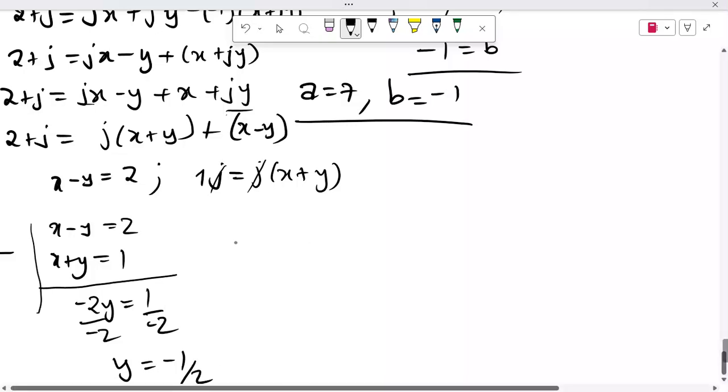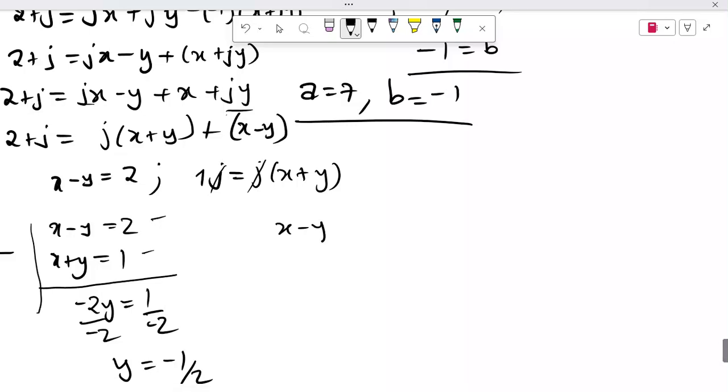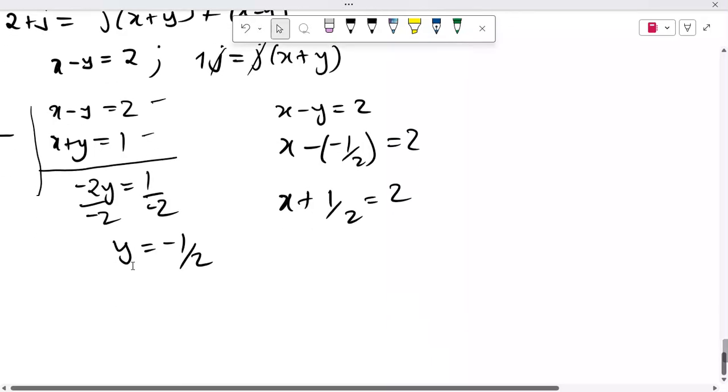And then for x we can use either this equation or this one. Let's use the first one, x minus y equals 2. So x minus, where there is y we replace with negative half, equals 2. So we have x plus half equals 2.